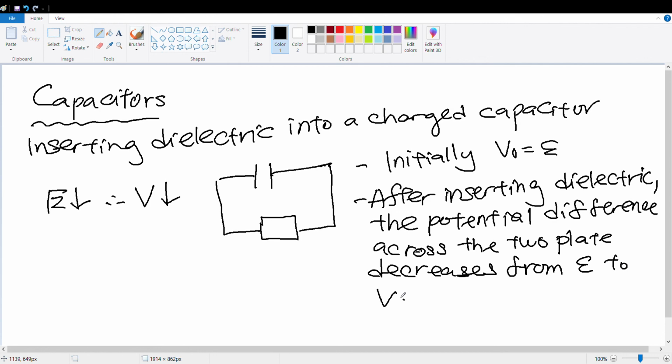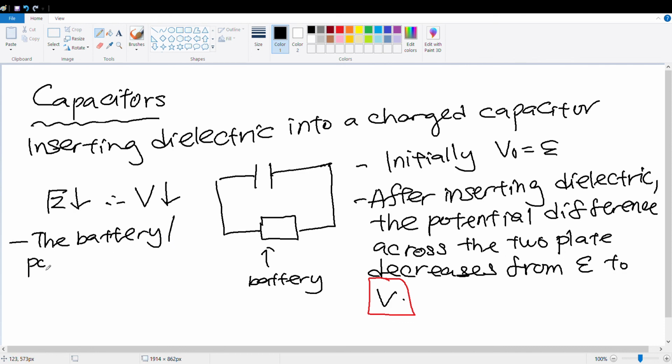So when the potential difference across the two plates decreases to this V, this battery will tend to charge the capacitor. So for the third statement, the battery, or the power supply, will charge the capacitor.